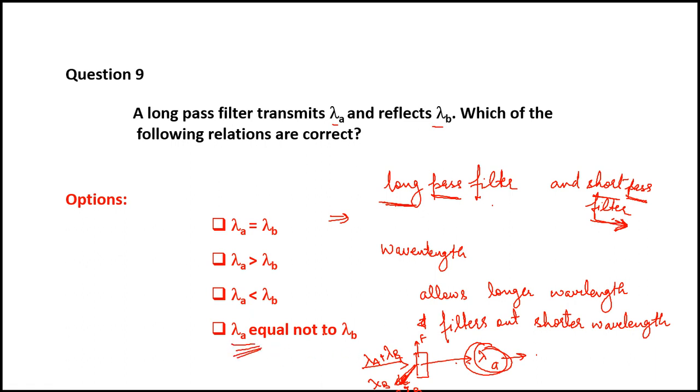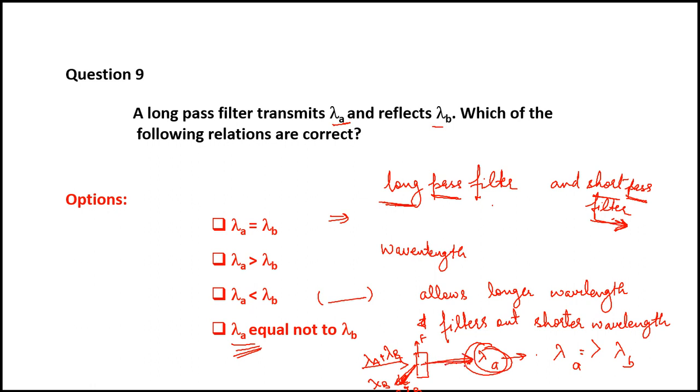Basically, if these two are separated from each other, definitely they are not equal, because filters are specific to a definite range. They allow some range of wavelength to pass and block the other range. If it is transmitting lambda A, definitely lambda A would be greater than lambda B. Okay, I told that a bit wrong.